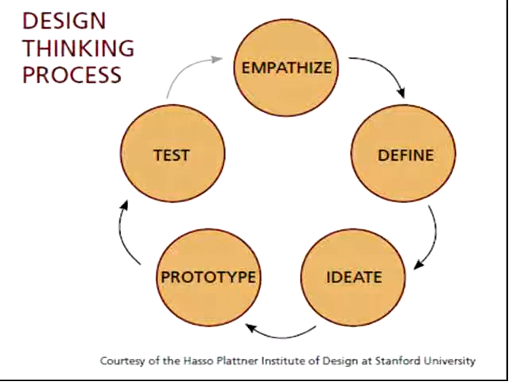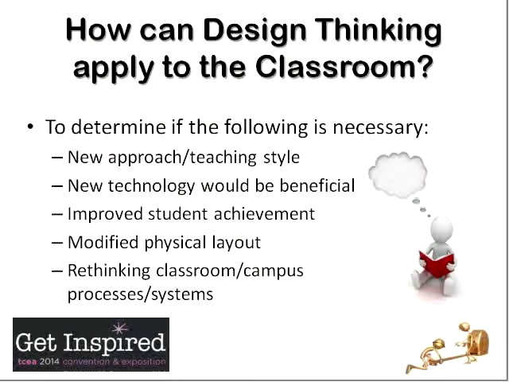So that's the way the process works. It can be very simplistic or very complicated depending upon the solution that you're trying to come up with, but those are the steps that you would go through, and just kind of repeating that cycle.